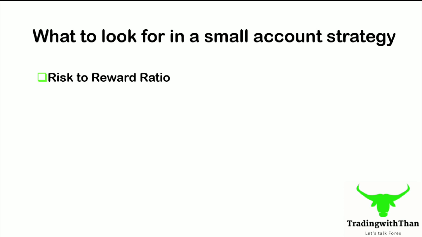So with that being said, you need to understand that you need a big risk to reward ratio, which means if you get one trade correct, it's gonna cover up for all the losses that you might occur in the next few trades, right? So you need to make sure that your strategy gives you a big risk to reward ratio.